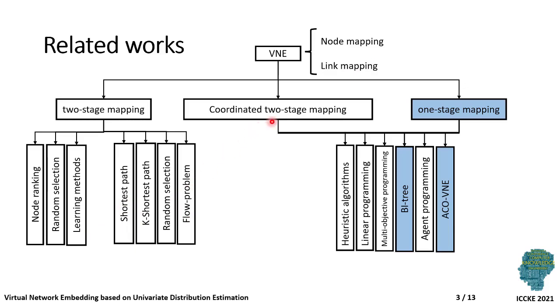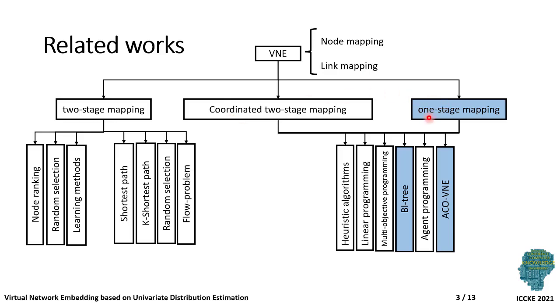The second category is coordinated two-stage mapping. In this category, the related works try to add a link mapping constraint as a soft constraint to the node mapping process in order to complete these two phases coordinately.